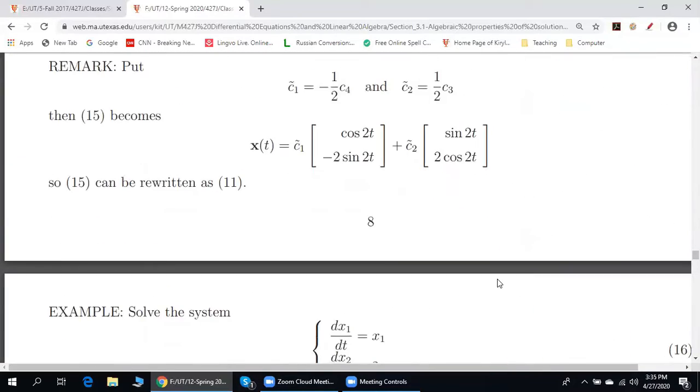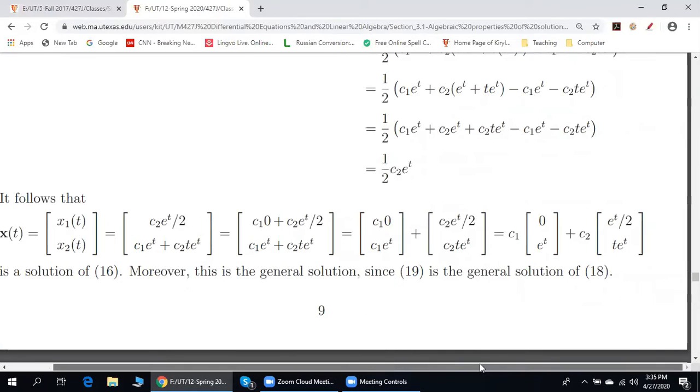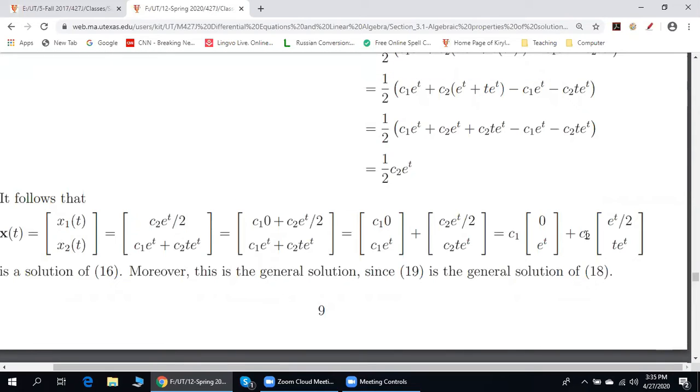To the contrast, please take a look at this system. The general solution of this system is over here. And now, if you plug in some values for C1 and C2 to find particular solution number 1, and then some other values for C1 and C2 to come up with a particular solution number 2, these two particular solutions will go farther and farther from each other because e to t's power is growing without bounds.